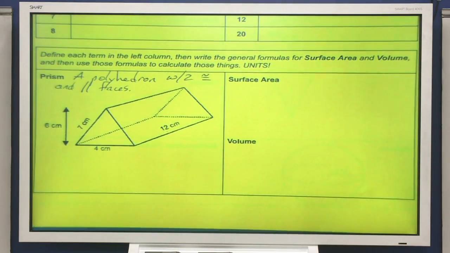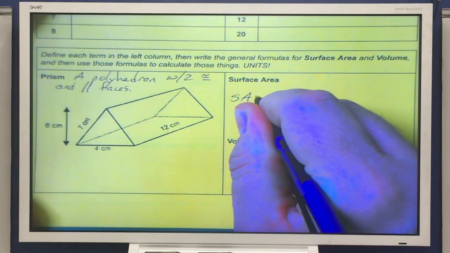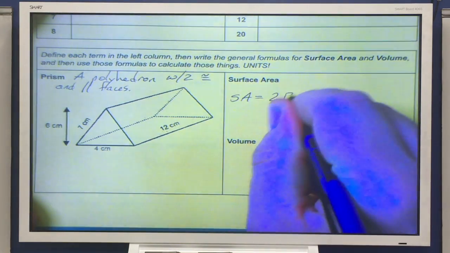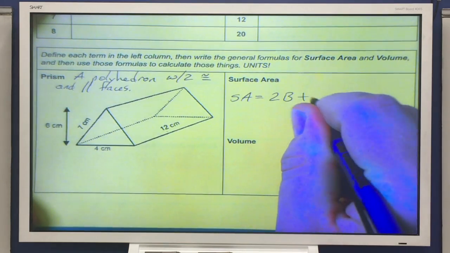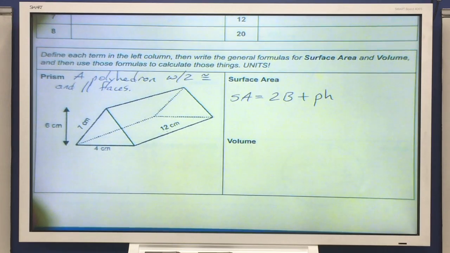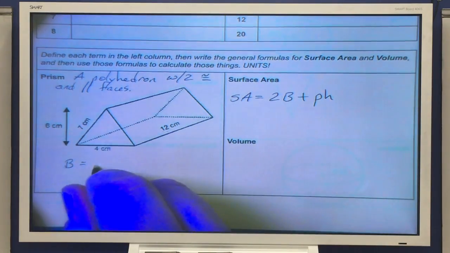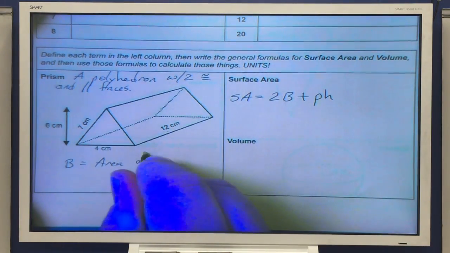So now, my formula for surface area and my formula for volume goes like this. Surface area is 2 times the area of the base plus the perimeter of the base times the height of the prism. So I'm going to put those little definitions down here. Big B represents the area of the base.